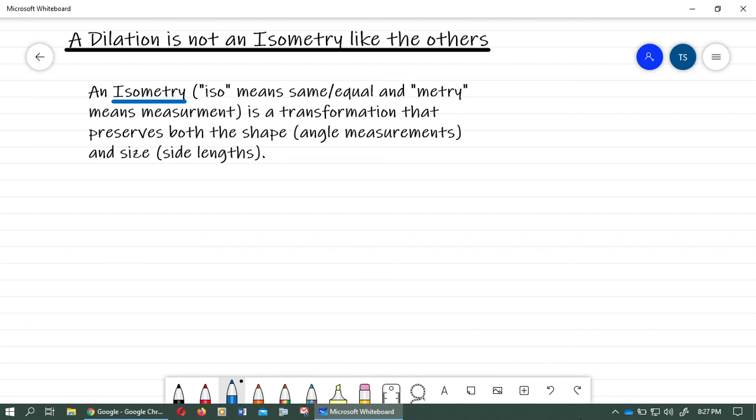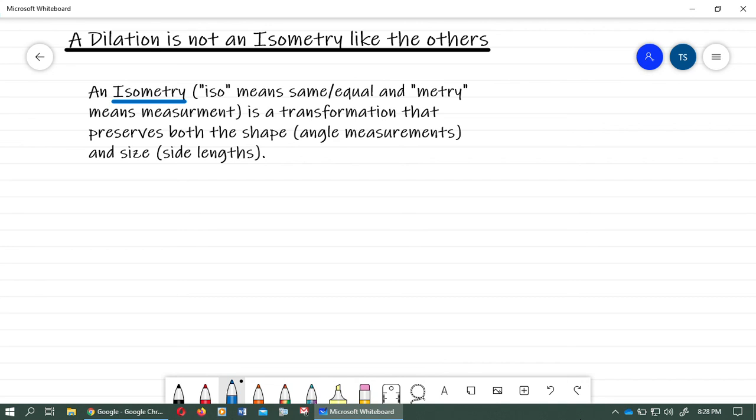Okay, so again, guys, a dilation is not an isometry. And again, for those who may not have known, an isometry, again, folks, is a transformation that preserves both the shape and size. In other words, it keeps the shape the same.